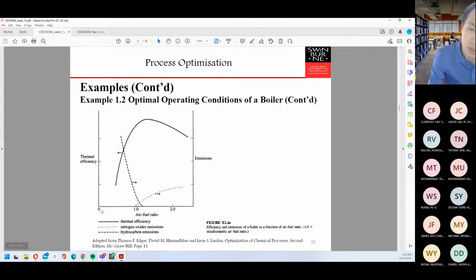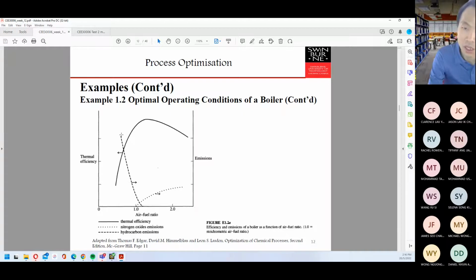You see that the x-axis here is showing the increase of air to fuel ratio from 0 to 2.0. If we increase the air to fuel ratio, the thermal efficiency will increase in the beginning to reach its maximum, and then it will decrease a little bit. In terms of emissions, we have two.